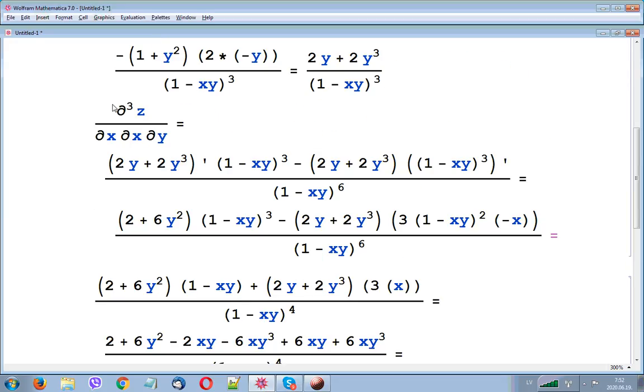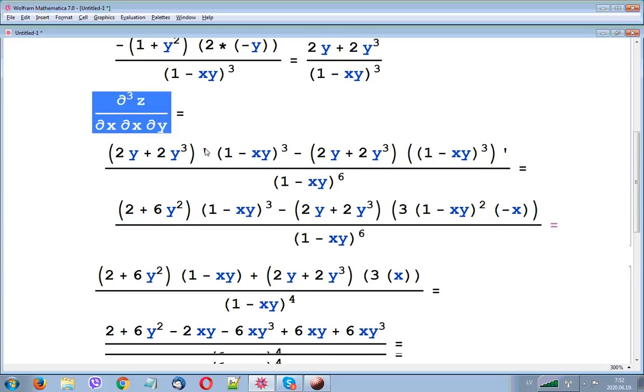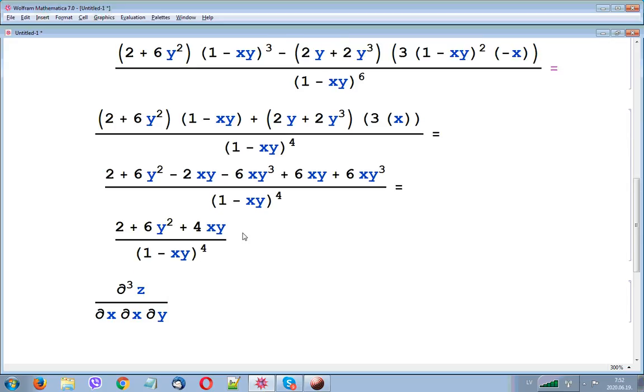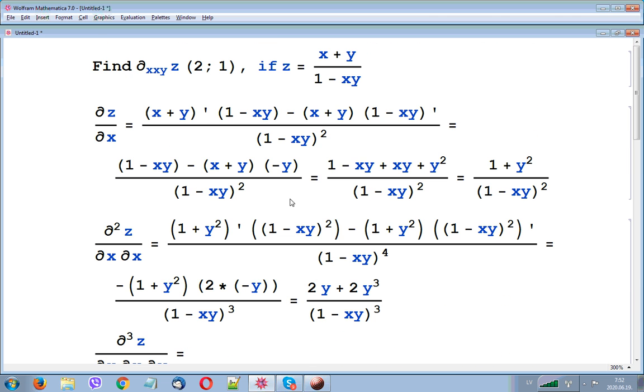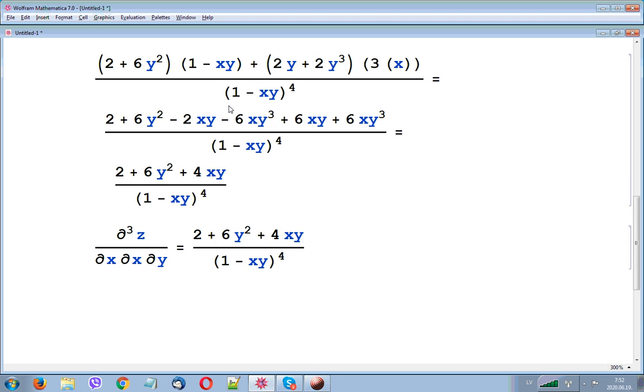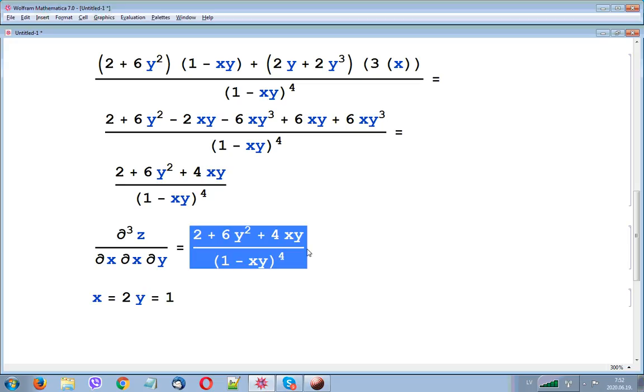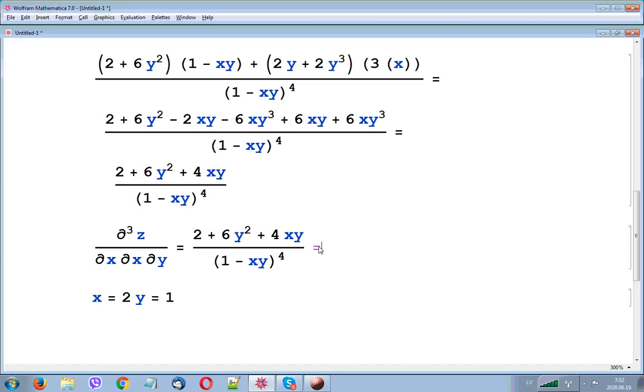So this guy is equal to that. And now we need to make the point 2 and 1. So we have the point M (2, 1), so x equals 2, y equals 1.